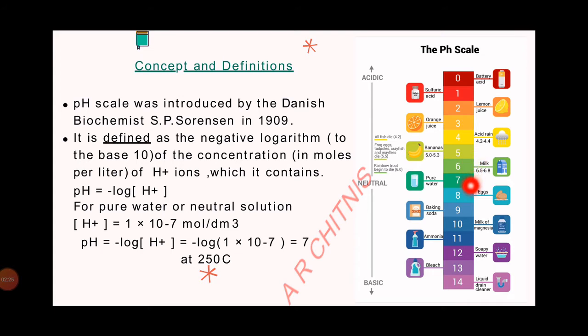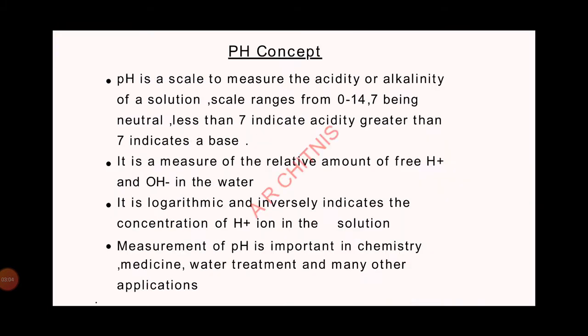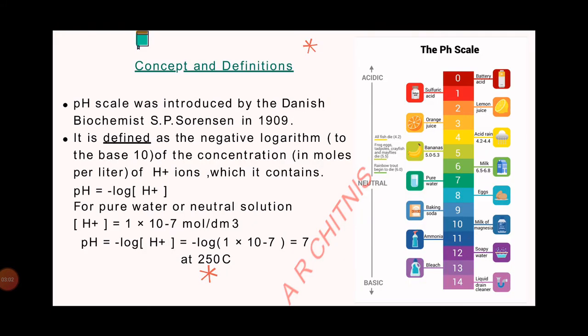Milk is 6.5 to 6.8, pure water is 7, eggs 8, baking soda 9, milk of magnesia, which is given as an antacid, has pH 10, alkaline. Ammonia 11, soapy water 12, bleach 13, liquid drain cleaner 14.